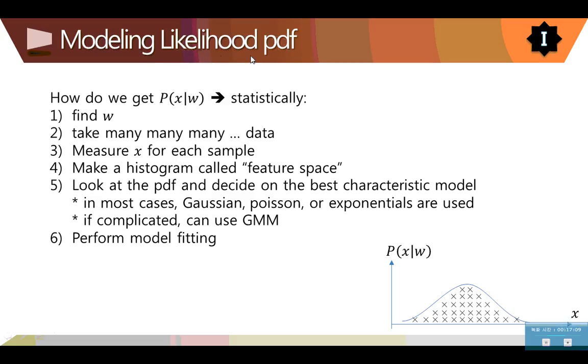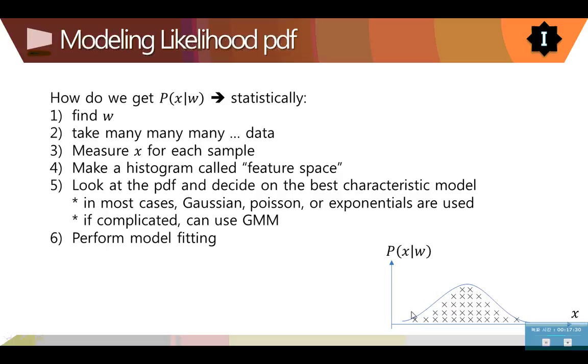Okay, so we talked about likelihood. How can we measure likelihood? As I said, likelihood is very easy. It's just the probability of measuring a particular feature given a class. So we can just find a class, put it in front of our camera or get labeled data from this class, measure the feature multiple times, and create a histogram.